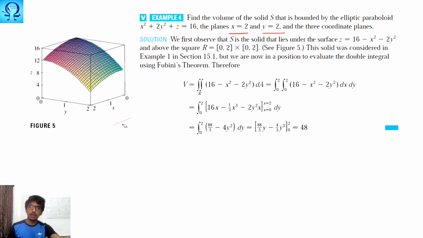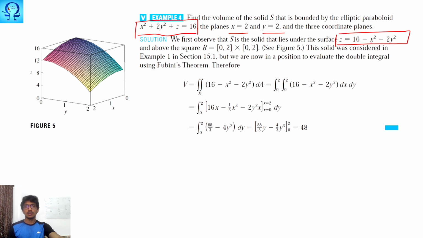So 0 to 2 is the limit for x and 0 to 2 is the limit for y. Okay. From the given equation, we'll have to identify the surface. So from the given one, we'll have to express what is z. So z is 16 minus x squared minus 2y squared.